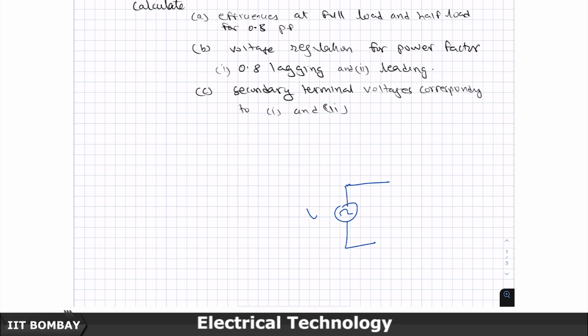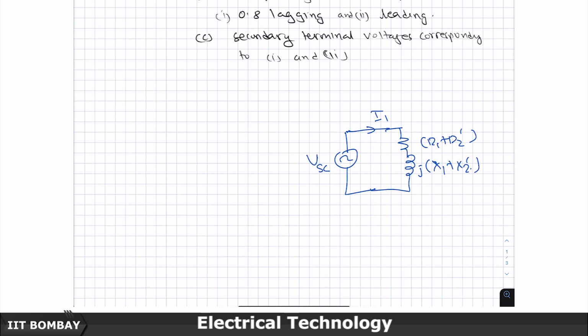But anyway, this is I1, this is V1, which I have applied, this is the full load current which is flowing through it, and this is R1 plus R2 dash, and this is j times (X1 plus X2 dash). Then if I calculate VSC by ISC in terms of magnitude, what will I get?